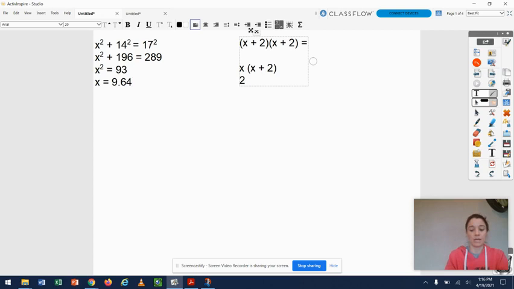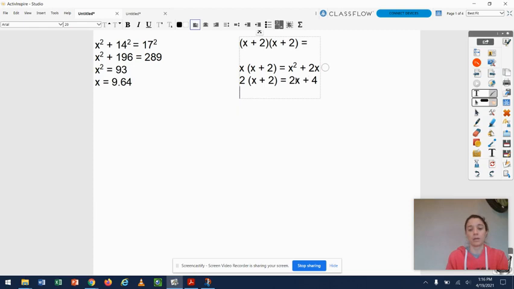What I'm typing here is I'm splitting the x plus 2 down here on the side, and then I'm going to multiply to the x plus 2 that was the second binomial. So x times x right here would give me x squared, and then x times 2 would just give me 2x. Now on the bottom, I'm going to do 2 times x, which would be 2x, plus 2 times 2, which is 4.